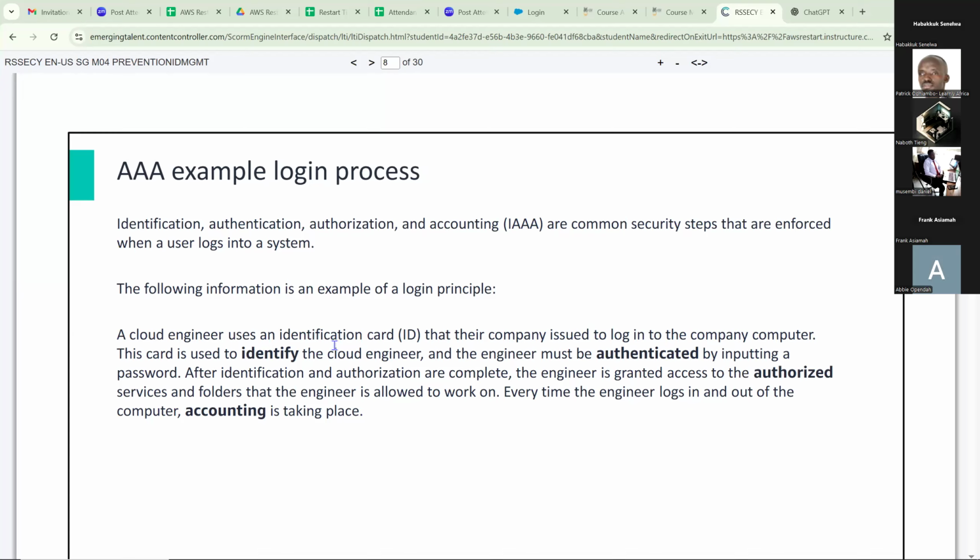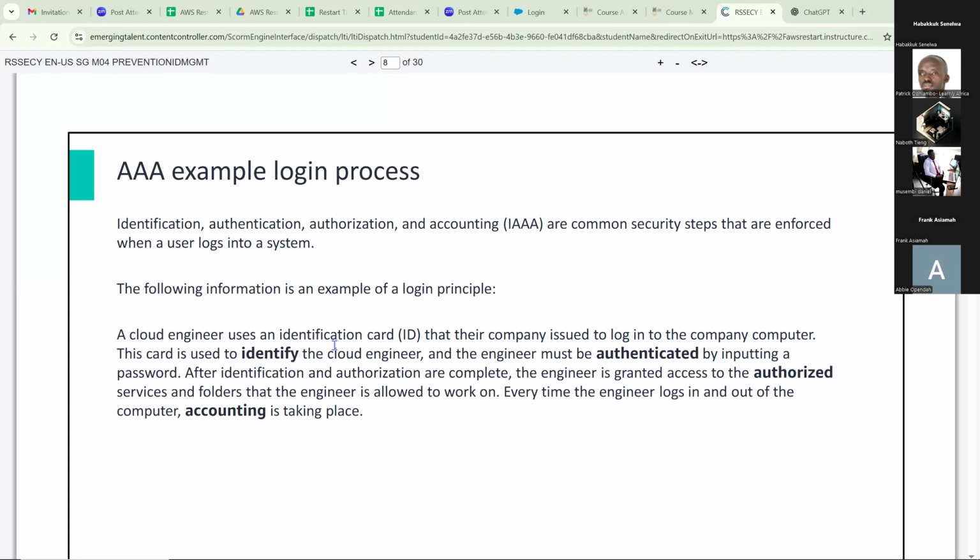So it is by you identifying yourself that you'll be able to be authenticated into a system. Then once you are authenticated, you'll be authorized to go to different parts of the system. Then once you are done, if anything needs to be done in terms of checking who did what, accounting/auditing will step in. So the following information is an example of a login principle.